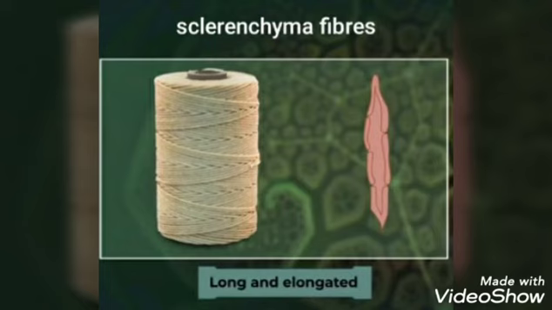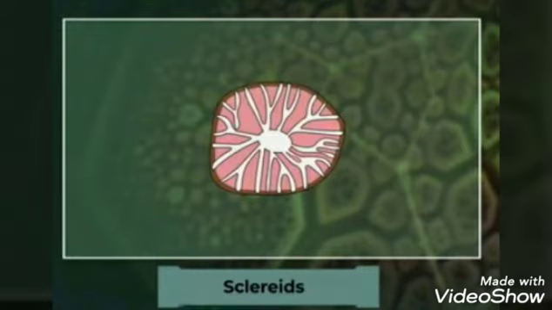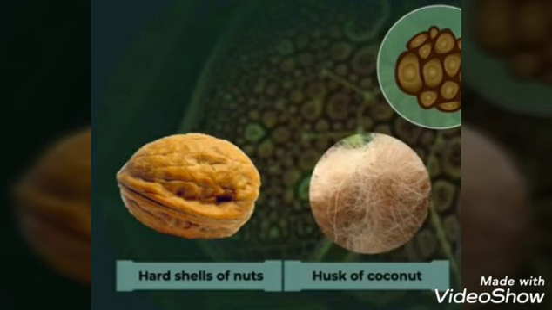Many of these fibers are used to make textile fibers and other woven clothes. The next type is the sclereids. These are irregular in shape and they are usually found in hard coating of nuts. They are even called stone cells because hard nuts resemble stone.